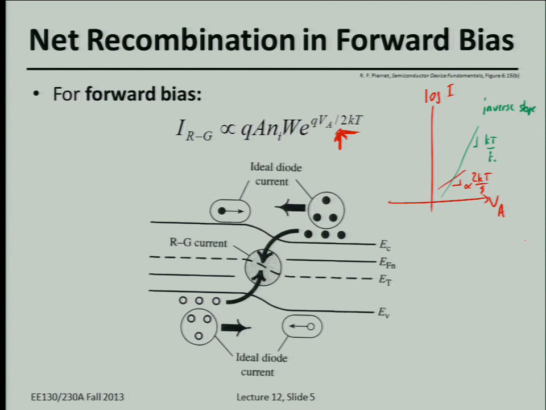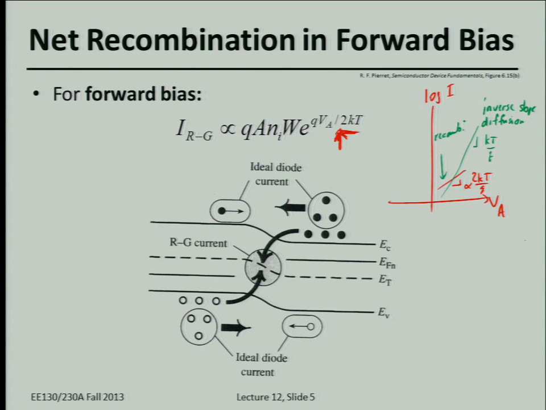The inverse slope for the normal diffusion current versus the recombination current: the slope is steeper. It doesn't matter exactly where they cross over, but because the green curve is steeper, the normal diffusion current has a stronger exponential dependence on voltage. At some point it's going to become larger than the recombination current, because the recombination current has a shallower slope.